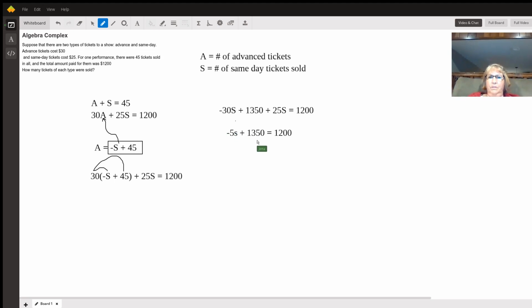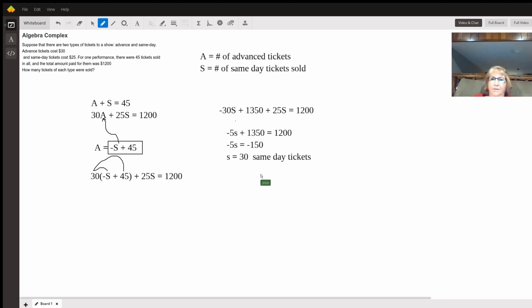At that point, you subtract 1,350 from both sides, and now you have negative 5S equals negative 150. Divide both sides by negative 5, and S will be 30. So it looks like I sold 30 of the same day tickets.